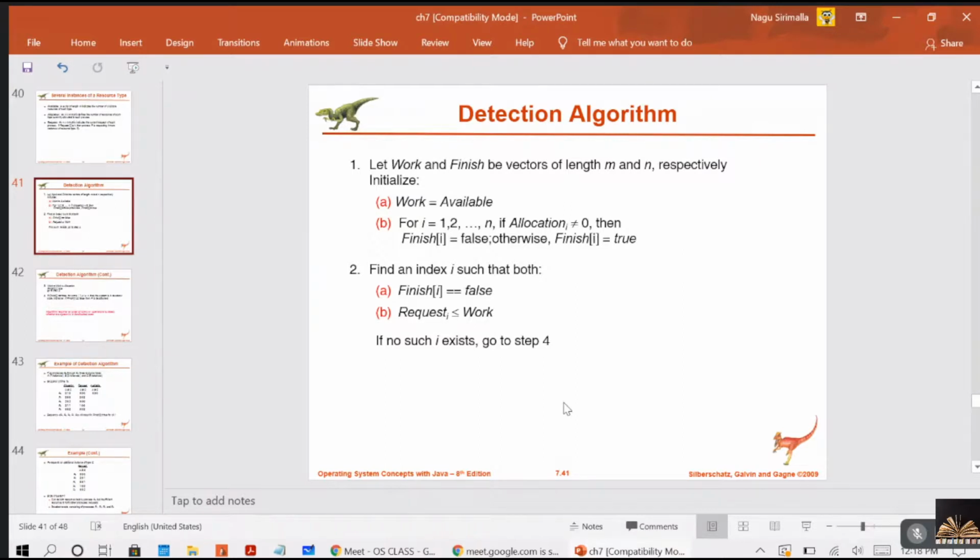If I have more than one instance of the resource, then I should use a detection algorithm. It is like the safety algorithm only. In the safety algorithm we find a safe sequence. But here, if it is not possible to give a safe sequence for the processes, then I can say that there is a deadlock. Got it?